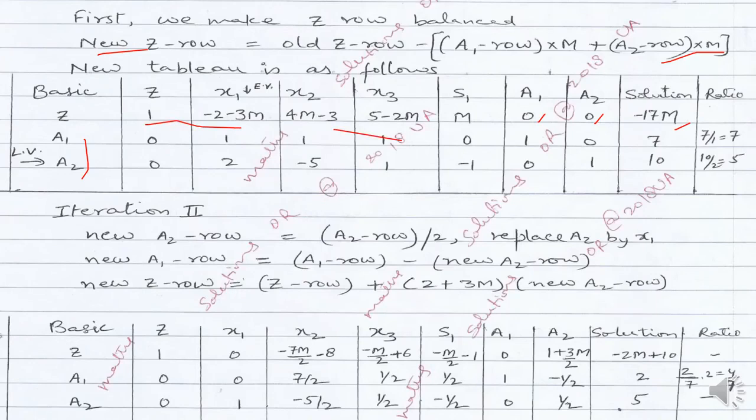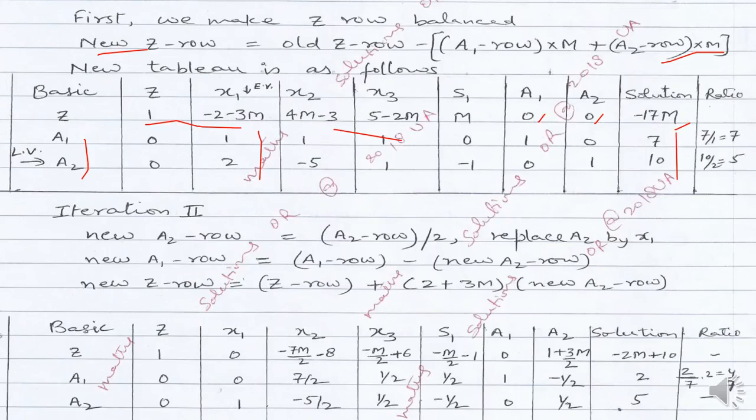So now this is a maximization problem, so we will see which term is most negative in z row. So most negative is coefficient of x1, that is minus 3m minus 2. So we make it entering variable, and this is our pivot column, and these are our solution elements. So we find out ratio by dividing solution elements by corresponding pivot column elements.